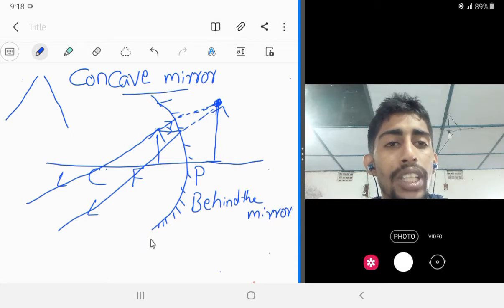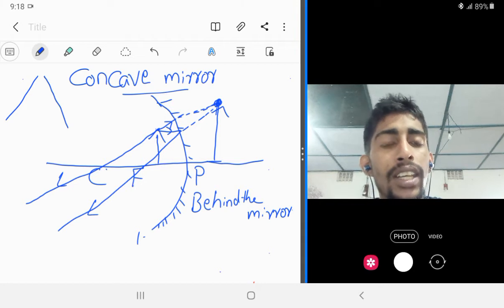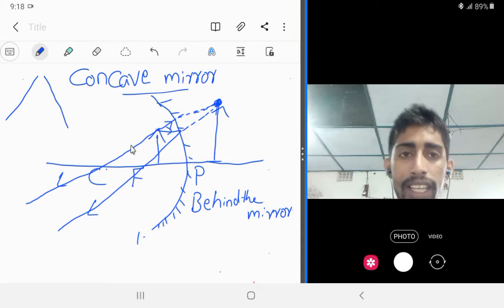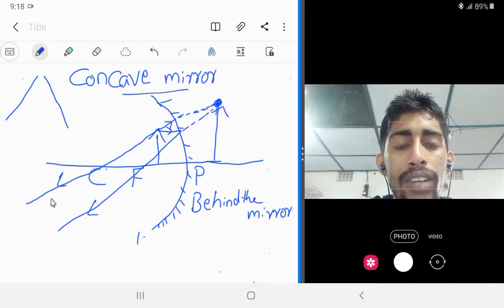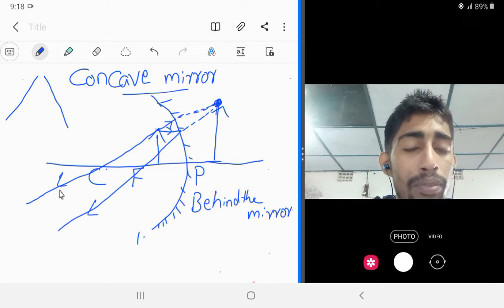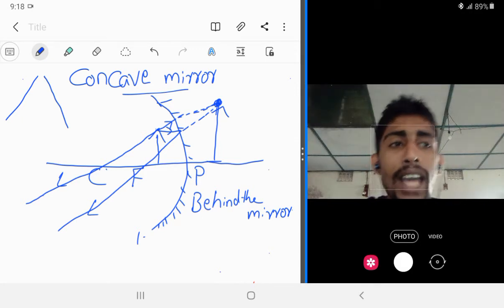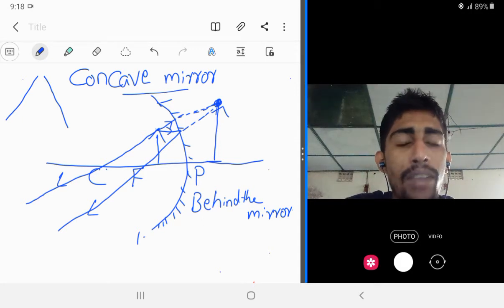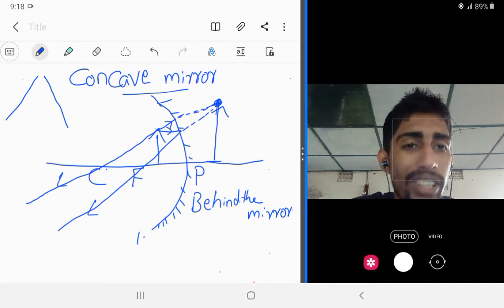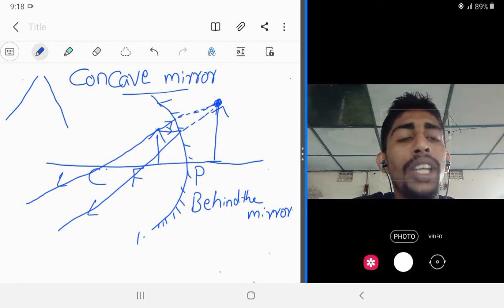Then the first question: is it a real or virtual image? If the reflected light rays converge, we can say that it is a real image. But unfortunately, in this case both the light rays are diverging.